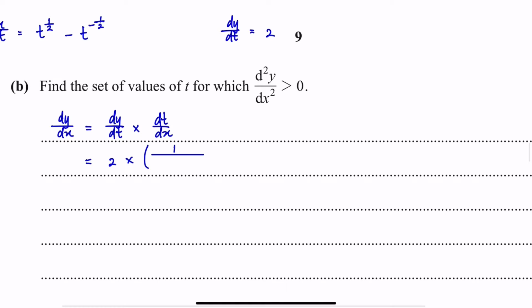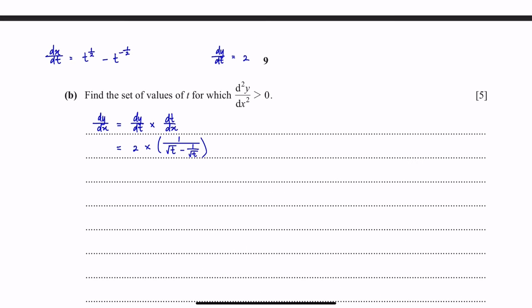So 1 over root t minus 1 over root t. So you will get 2 times root t over t minus 1. And the final answer would be 2 root t over t minus 1.